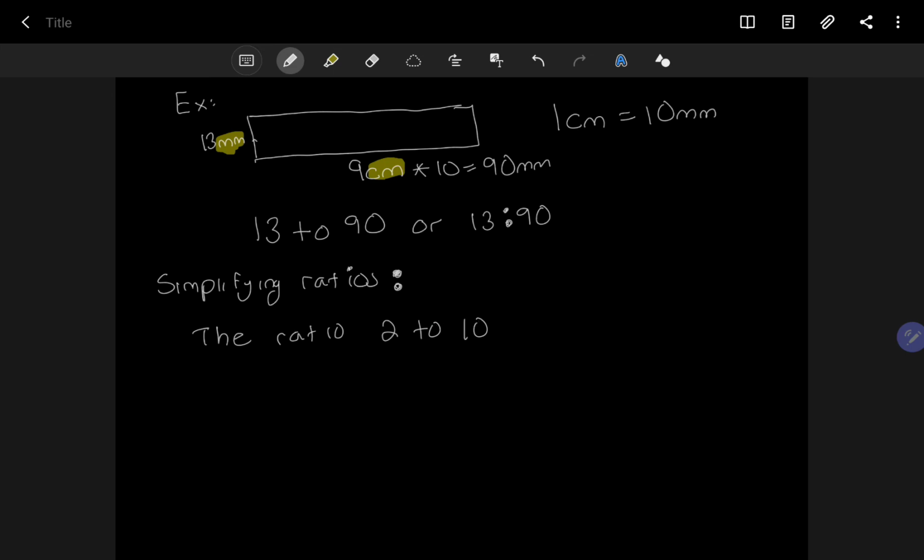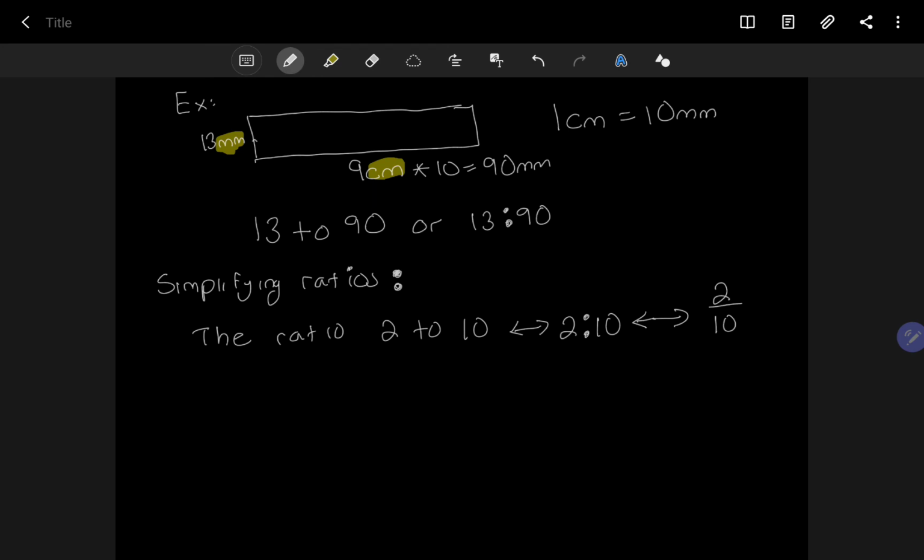And we want to simplify this. So we know that we can rewrite this as 2, 10. We can also rewrite this as a fraction, 2 over 10. And now that it's a fraction, we just need to simplify it.